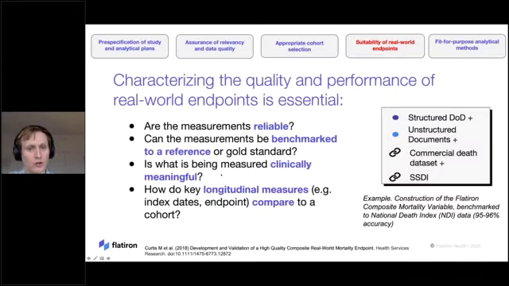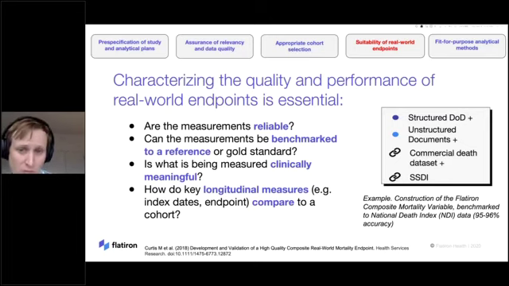So characterizing the quality and performance of these endpoints is essential. So are the measurements reliable? Can they be benchmarked? At Flatiron, we've looked at mortality as a variable, and it seems like a very straightforward variable, but we found that just within the EHR itself, using structured date of death information did not capture the totality of mortality events. So in this paper published by Curtis et al., we identified a 4-part composite index of mortality variables.